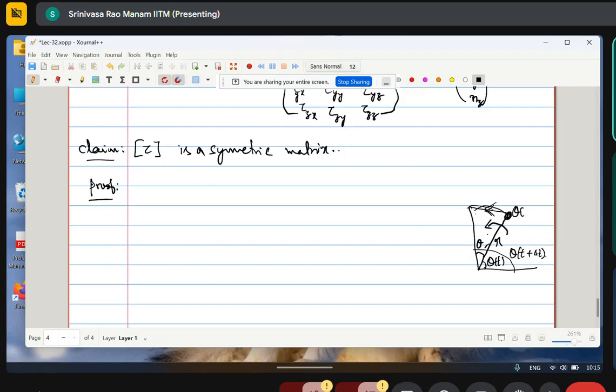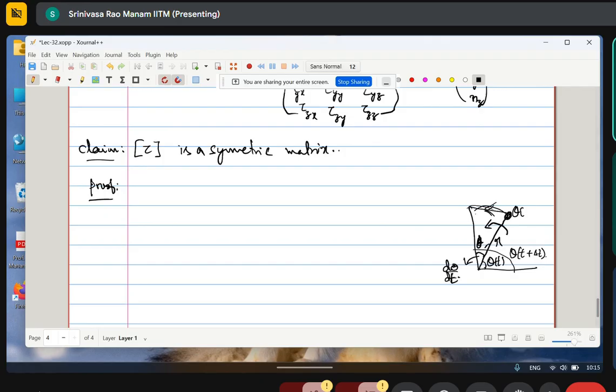So when you do that, what is this one? This is your d theta by dt. Or basically you say the unit time, so consider delta t equal to 1.